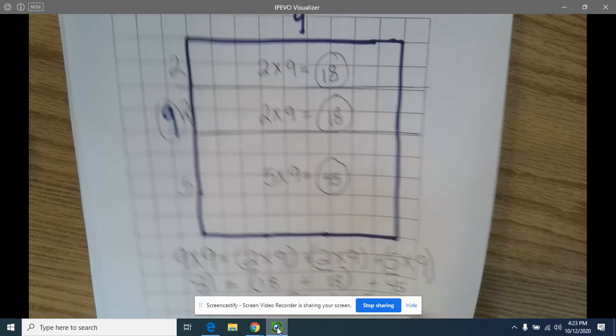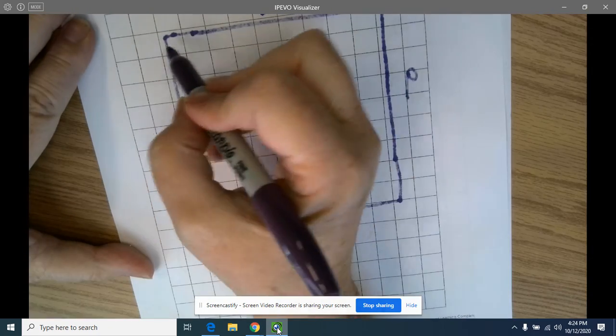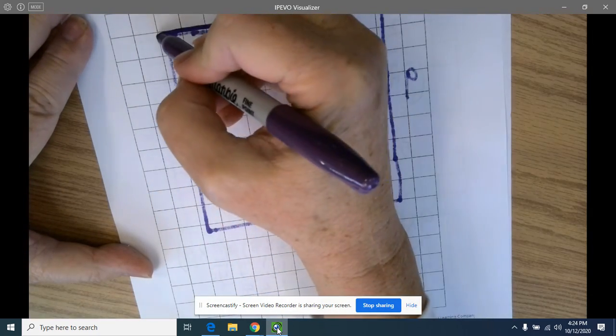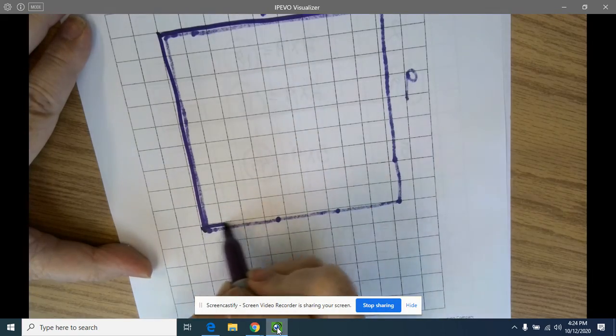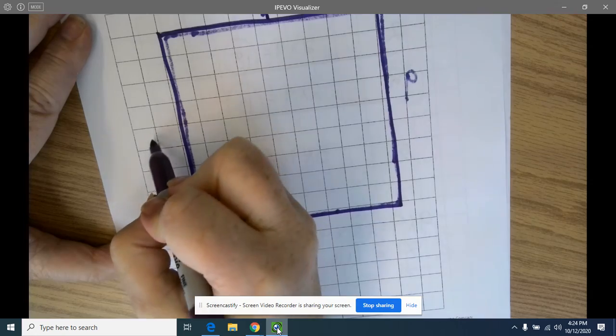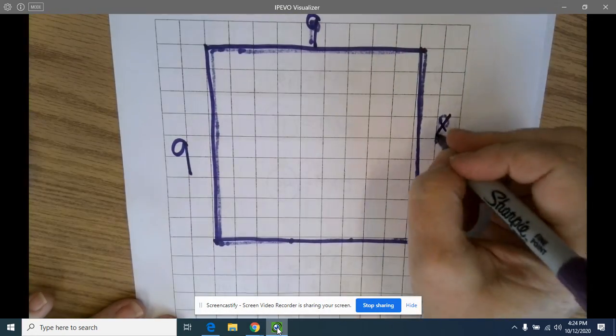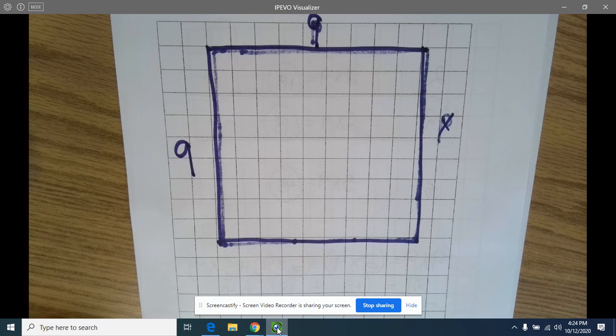I'm going to show you a different strategy. This is a strategy that I really like. Some kids might be ready for this. Some kids aren't. If you understand it, great. If you don't, that's okay. We will eventually get to it. So we have 9 times 9. 9 groups of 9. You know what I'm going to do?